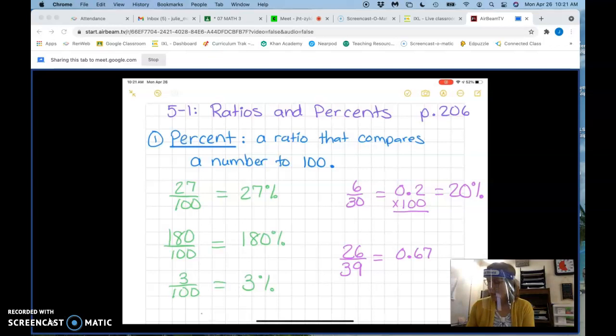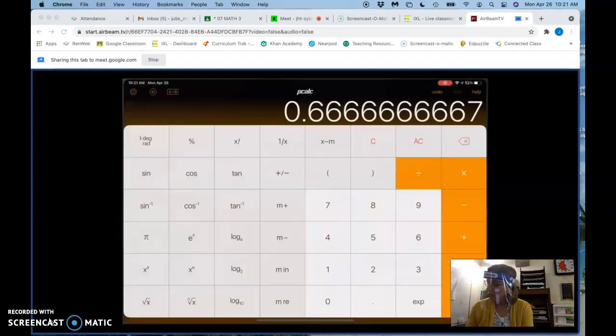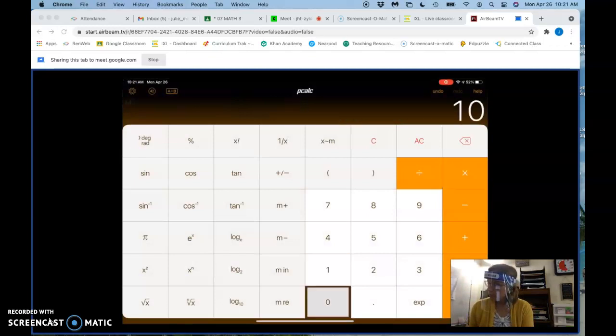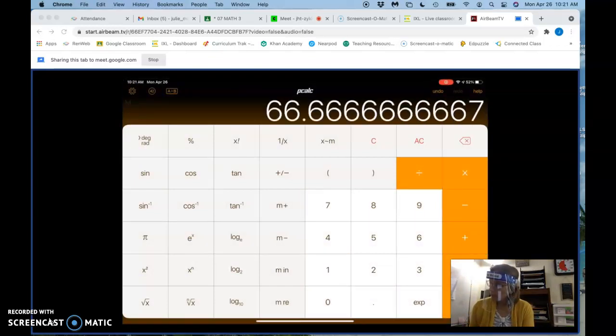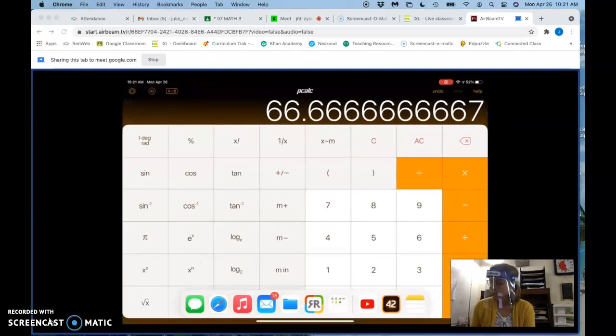And then remember, we're going to multiply by 100 to get my actual percentage. I'm going to round it to 67%.